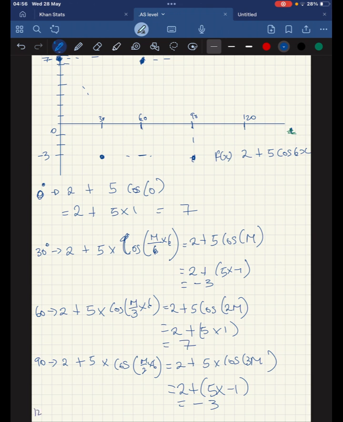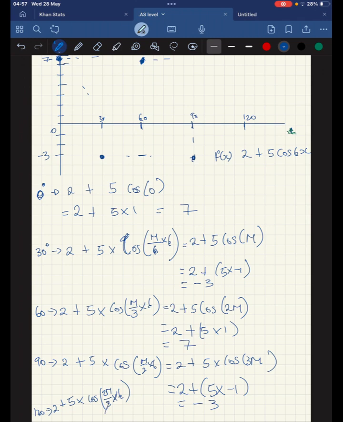And then we go to the last one, which is 120. So it's going to be 2 plus 5 times cos of 2 pi over 3 times 6, because 120 goes into 360 three times.